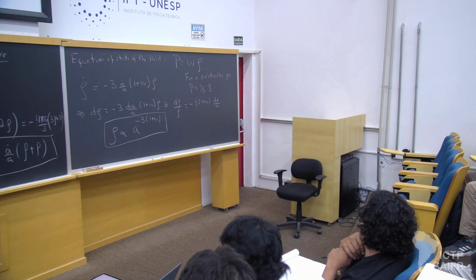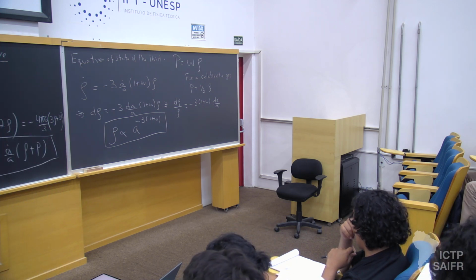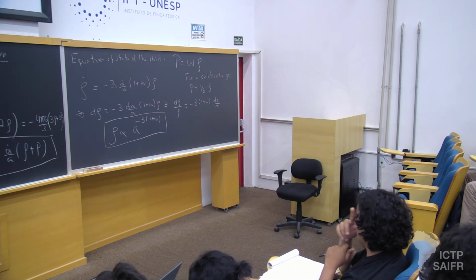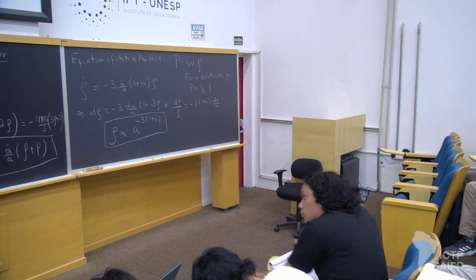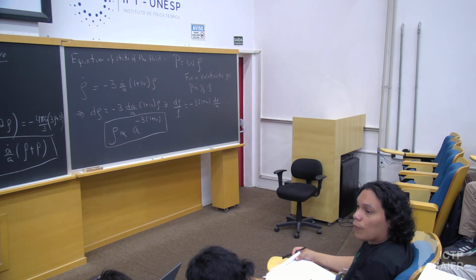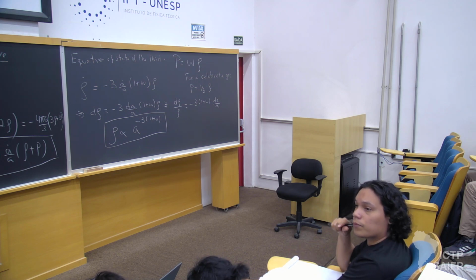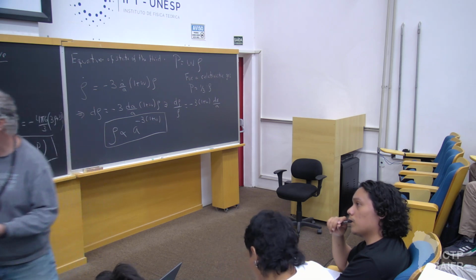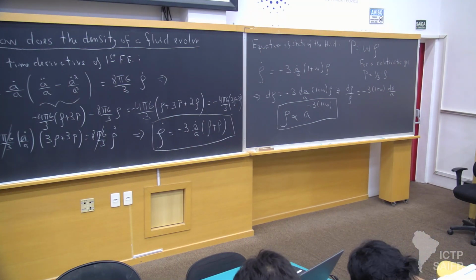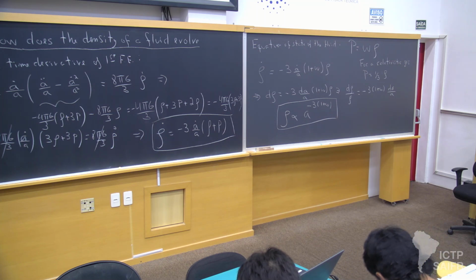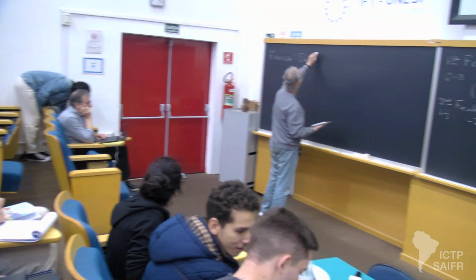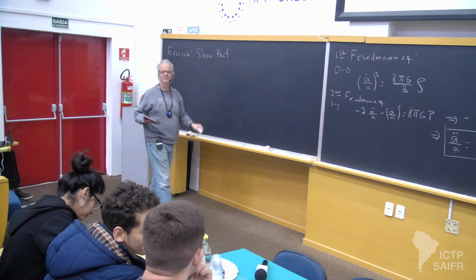Now, let me go here. So now you're going to see some examples. But first I want to leave you an exercise. The exercise is the following. Suppose that the equation of state is not a constant, but changes with time.